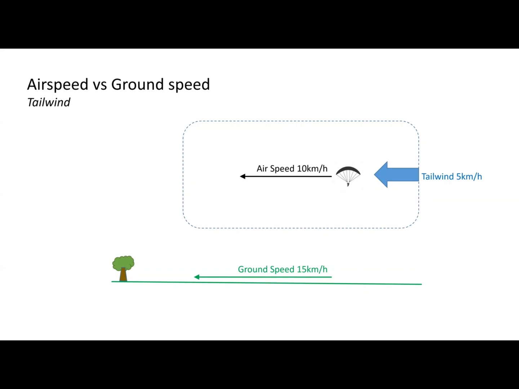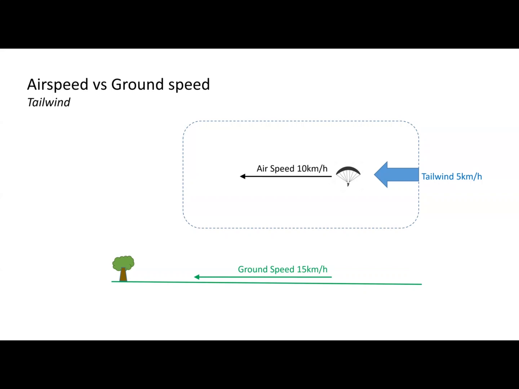But from somebody standing on the ground, we're now moving over the ground at 10 kilometers an hour, plus the fact that this whole body of air is moving forward at 5. We're moving over the ground at 15 kilometers an hour. So our ground speed is our airspeed plus the wind. And if it's a tailwind, it's actually moving us faster.